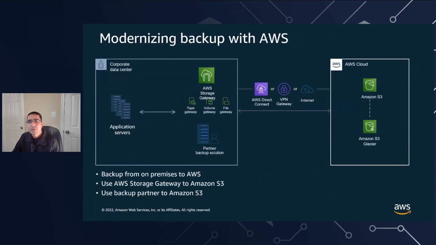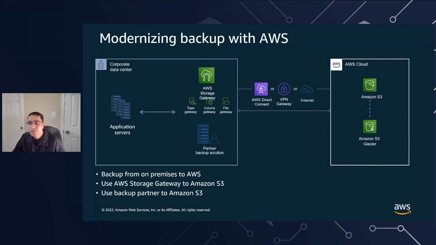Now, when we talk about modernizing backup with AWS, this is the easiest way customers get started with AWS. They look at migrating the backup, restore, and archive data so that they can enjoy the benefits of scalability, durability, and the low-cost nature of the cloud.